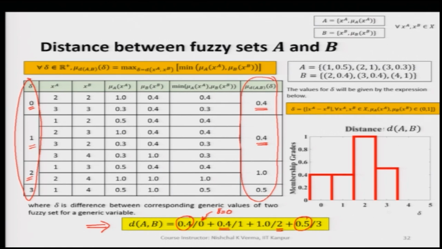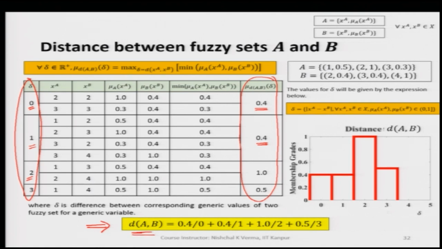So, this is how we make use of this table and construct a fuzzy set, which is nothing but the distance between the fuzzy sets A and B, represented by D of A comma B, which is this.